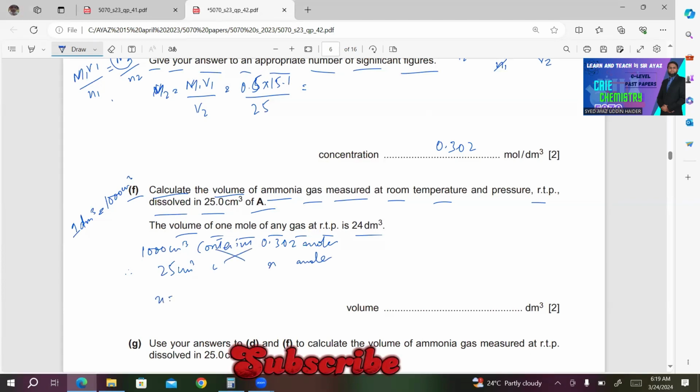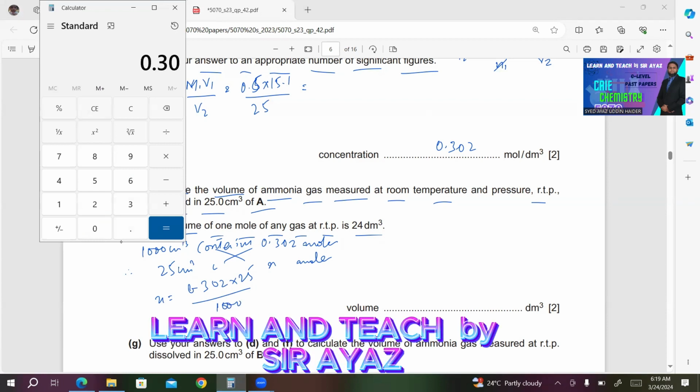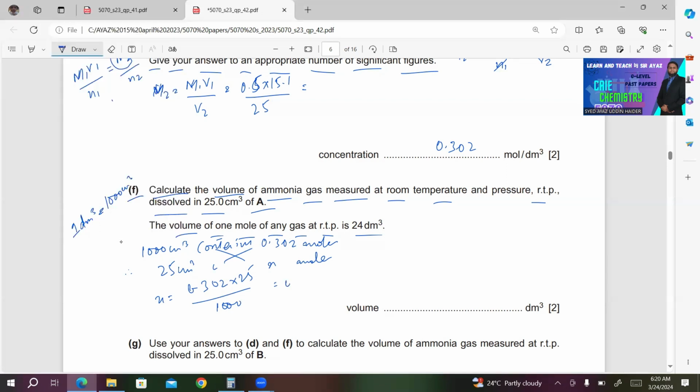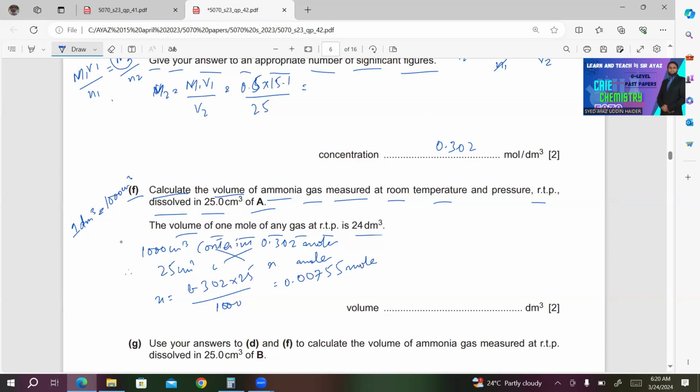So X is equal to 0.302 multiplied by 25 divided by 1000. It's 0.00755 moles.